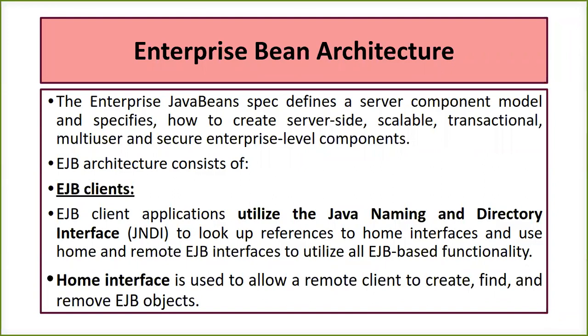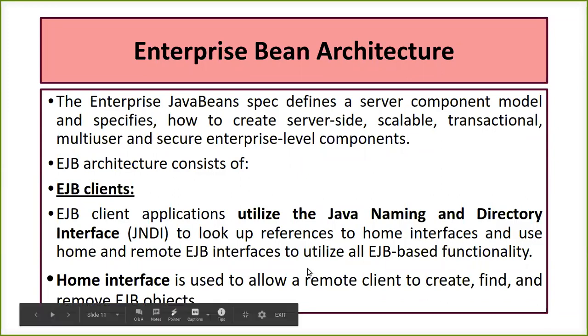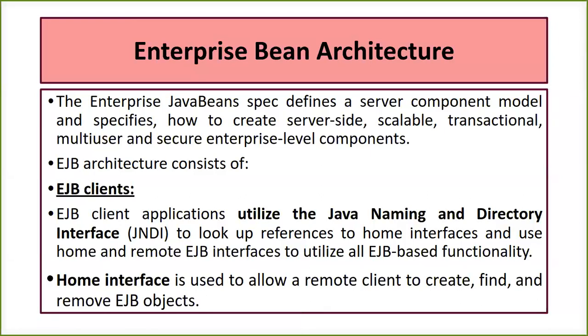Now what do we mean by home interface? It is going to allow us, and us means the clients, to use the home interface to have a remote client that is able to create, find and even remove EJB objects. So whatever EJB objects we have, the server will be able to deal with them.